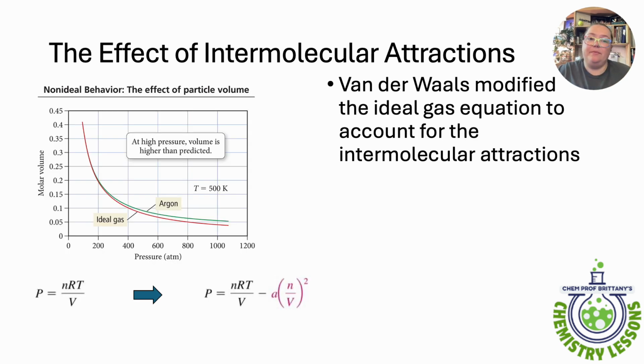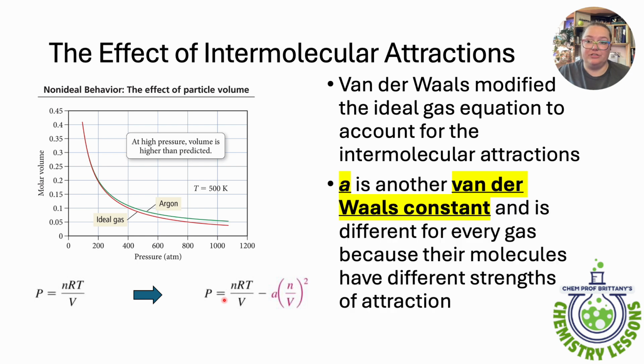So he again modified the ideal gas equation to account for the fact that molecules actually are attracted to each other, even though in gases it makes less of a difference under normal conditions. So we have this additional piece here to account for the change in pressure from those interactions.